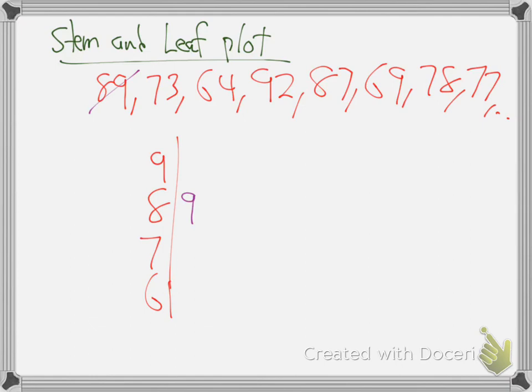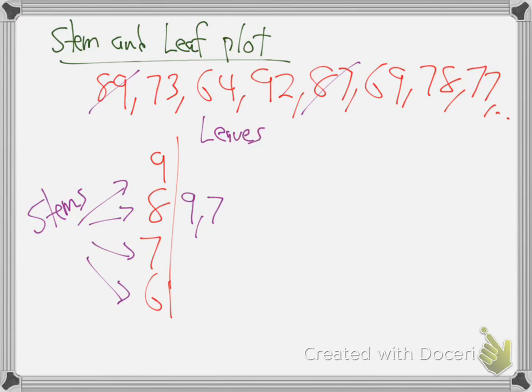That represents 89. Is there another 80s? Yeah, there it is, 87. Does that make sense? This is a way of organizing data called a stem and leaf plot. Over here on this side, these are called the stems. And over here, these are the leaves.